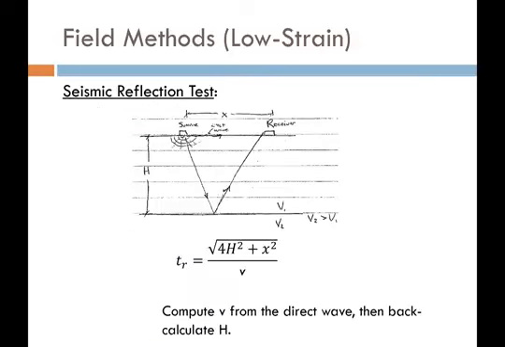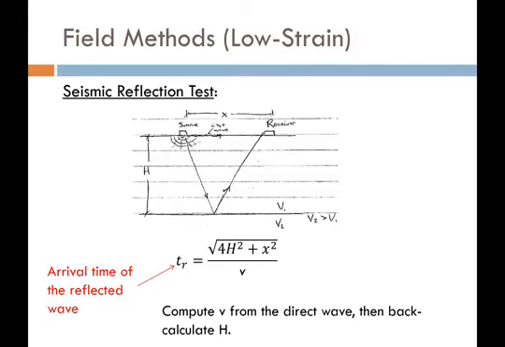So how the seismic reflection test works is we're interested in the time for the reflection wave, and that's this T sub r. And we can compute T sub r using this equation where h is the thickness of our upper soil layer, x is the distance between our seismic source and our receiver, and v is the propagation velocity of our soil layer.